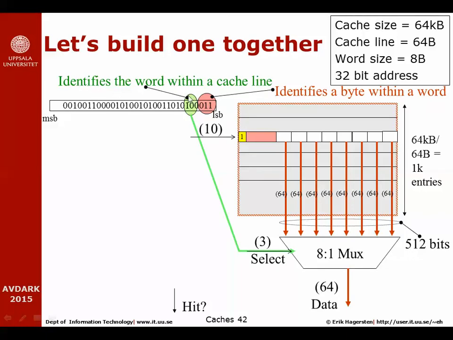So I gave this one away without a question. So we need 3 bits. The next following 3 bits will be used as input to the select signal because we choose 1 out of 8. And then we're going to use 10 index bits. So that's the next index bits here will be used.